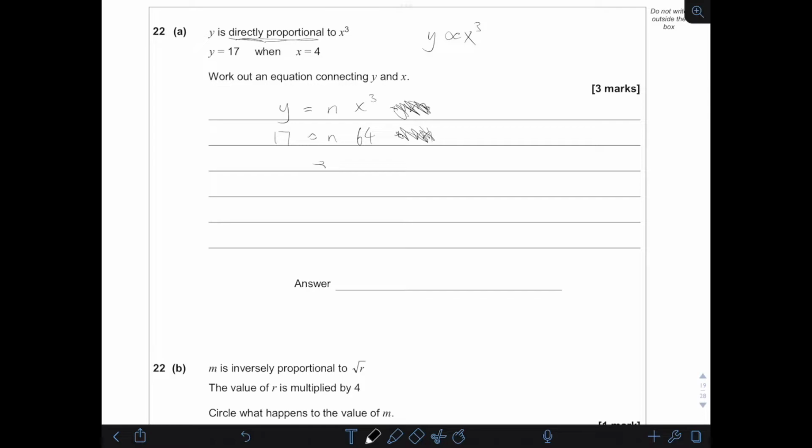So we can find out n equals to 17 on 64, which I can't do by head, but I'll just keep the fraction in because this is non-calculator paper. So I think the answer is y equals to 17 on 64 x cubed. That would be the equation.